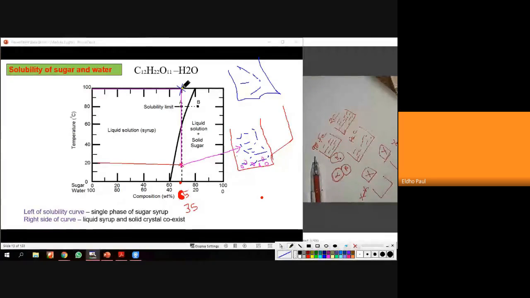So we got another mixture of liquid solution at 100 degrees Celsius, 65 and 35. The entire solid sugar particles dissolve and form this type of liquid solution.